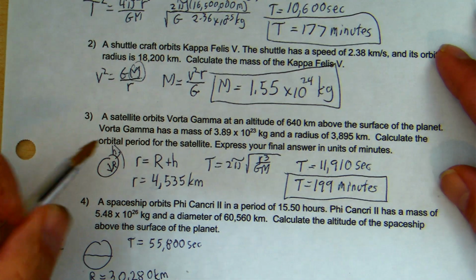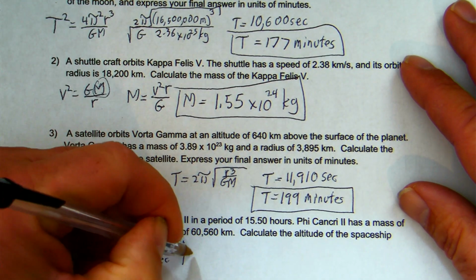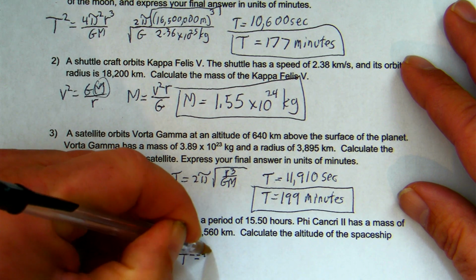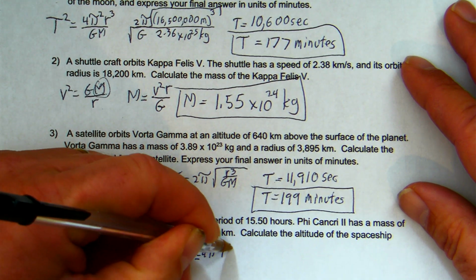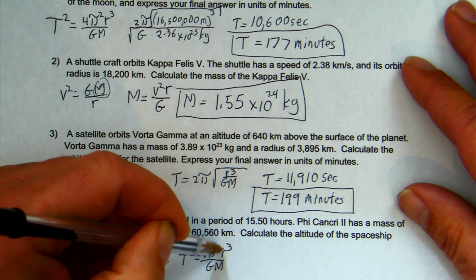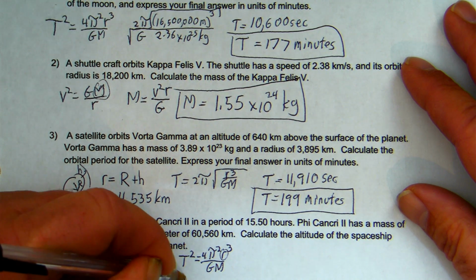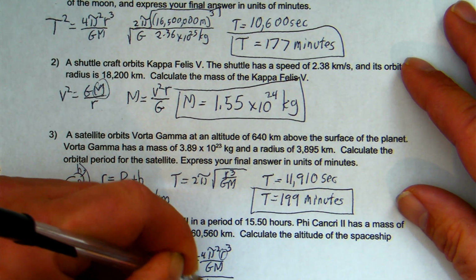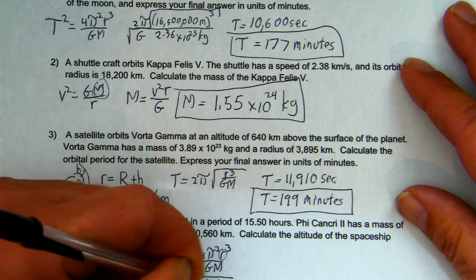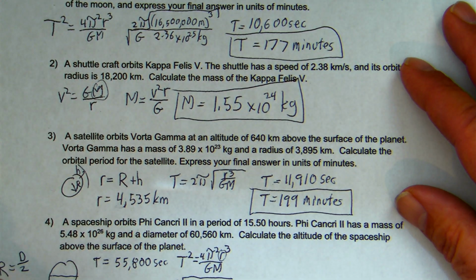Now we can solve for the orbital radius in Newton's version of Kepler's third law. T squared equals 4 pi squared r cubed over GM, and we're rearranging to solve for orbital radius. R is equal to the cube root of GMT squared divided by 4 pi squared.